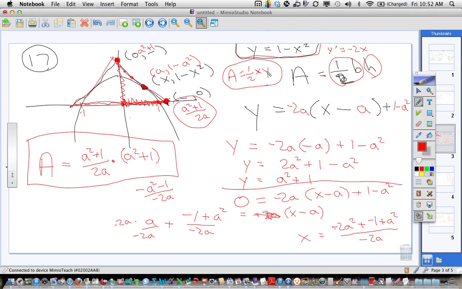So you used y as the height of your triangle, but you substituted this, which is points on this parabola. So that would be saying that your height of your triangle has to be a point on the parabola, and it's not a point on the parabola.